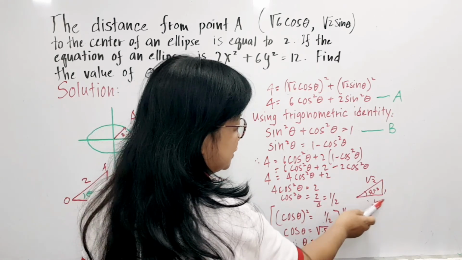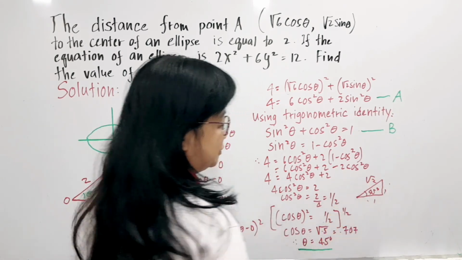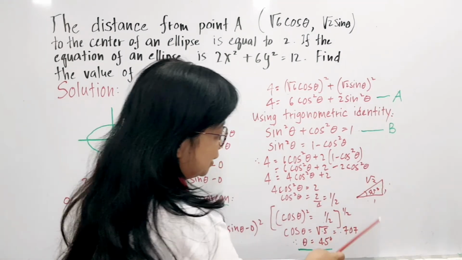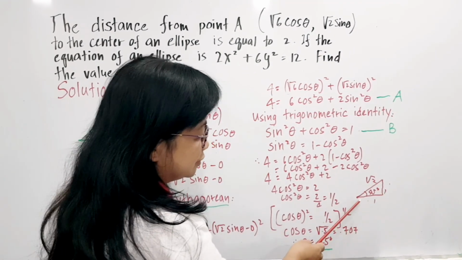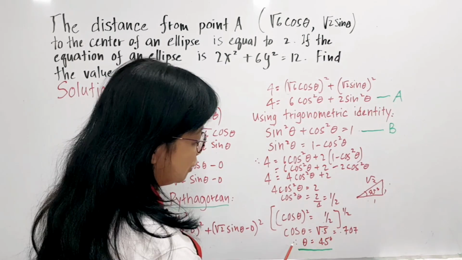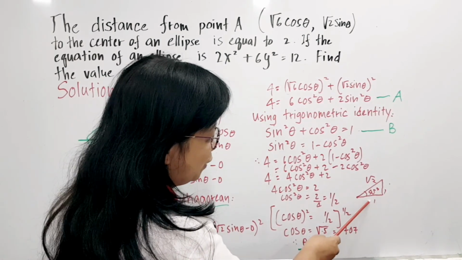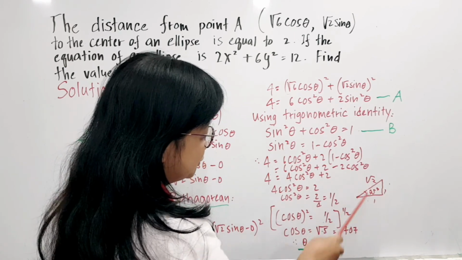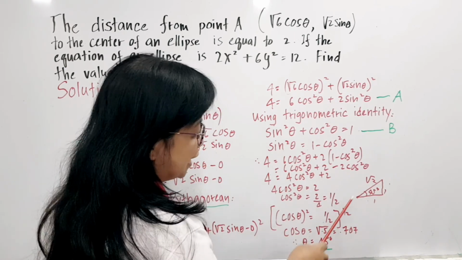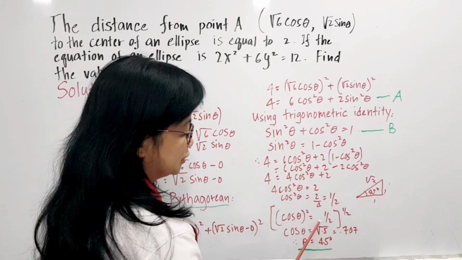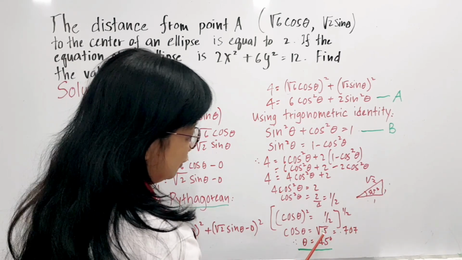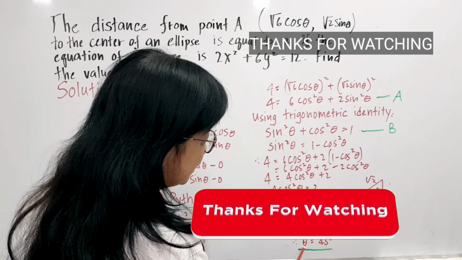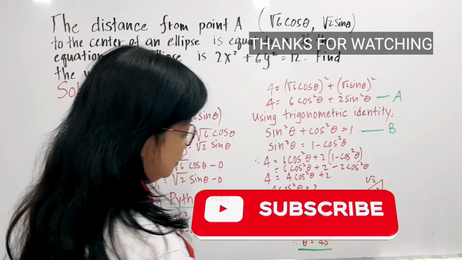This is the adjacent, this is the opposite, and this is the hypotenuse. So, based on this sketch, the cosine theta is equal to 1 over the hypotenuse, which is square root of 2, because the square root of 1 is equal to 1. So, theta therefore is equal to 45.